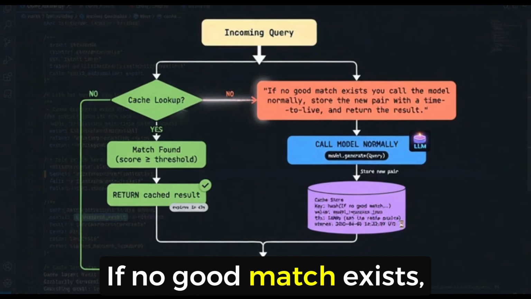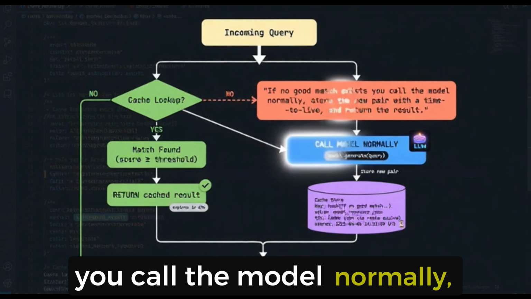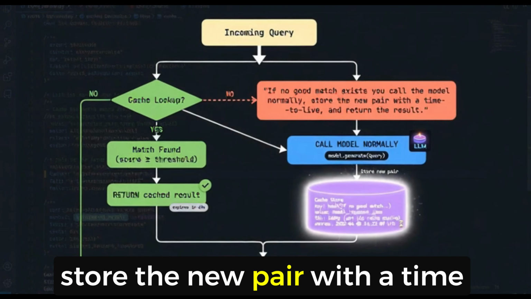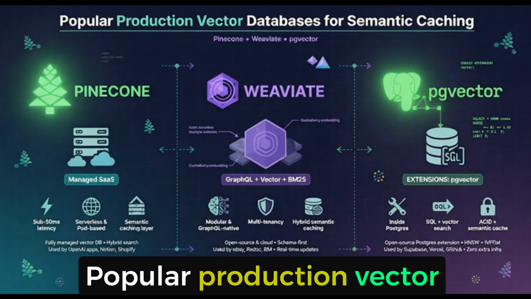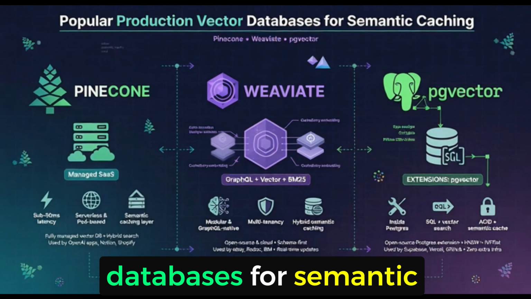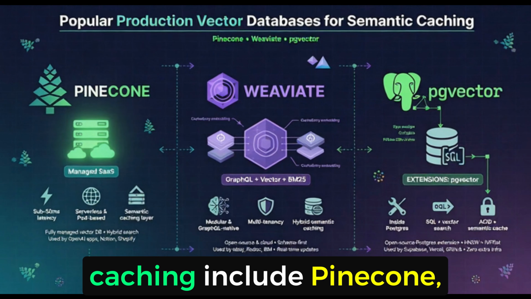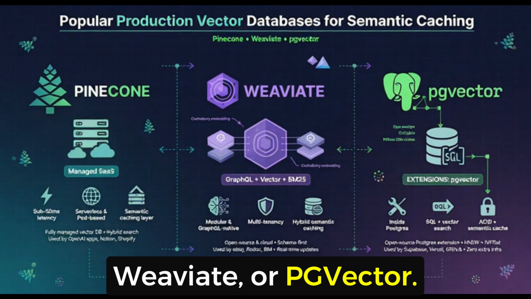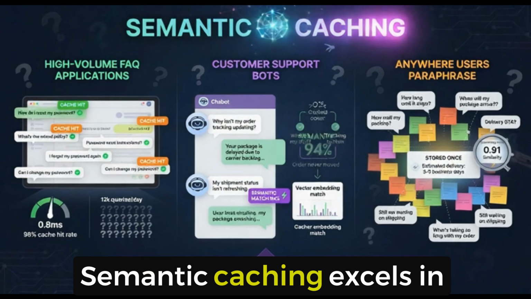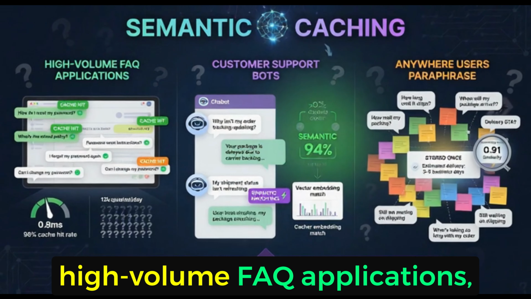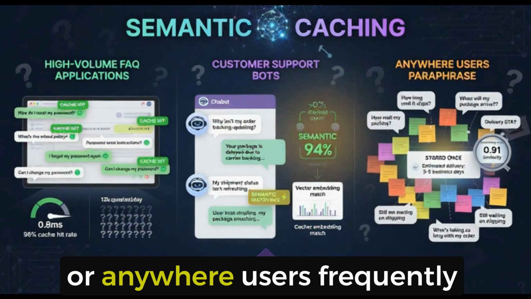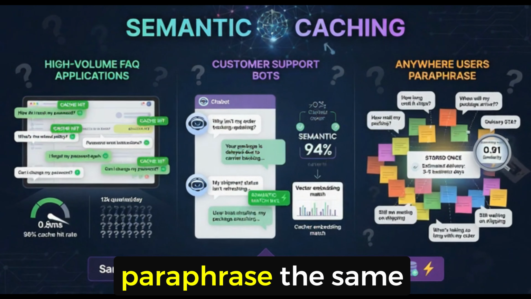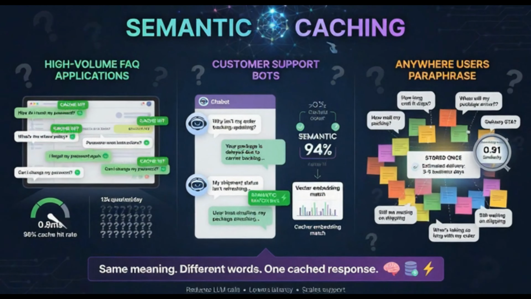If no good match exists, you call the model normally, store the new pair with a time to live, and return the result. Popular production vector databases for semantic caching include Pinecone, Weaviate, or pgvector. Semantic caching excels in high-volume FAQ applications, customer support bots, or anywhere users frequently paraphrase the same questions.